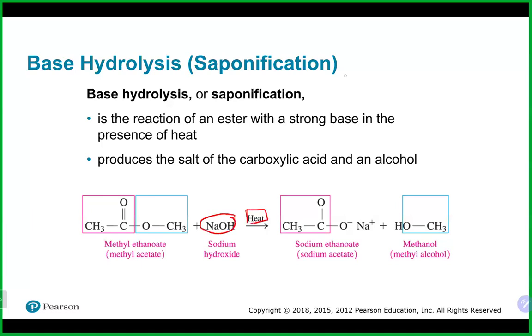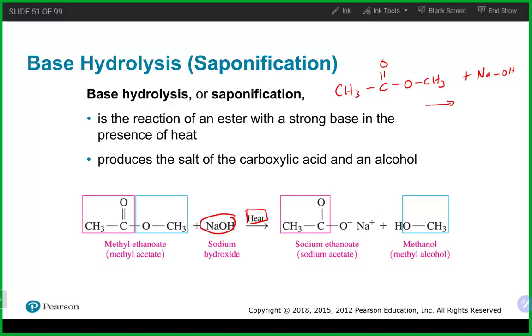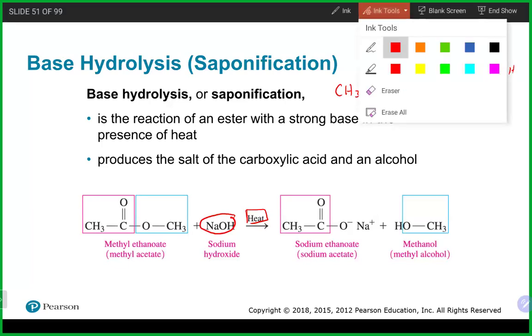The difference is when we take our ester in this case, we'll think of it like this, Na and OH, if you will. In this particular case here, we are going to still break it apart exactly where we broke apart the other one.